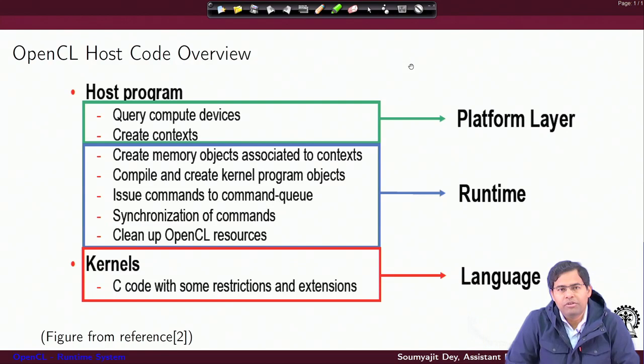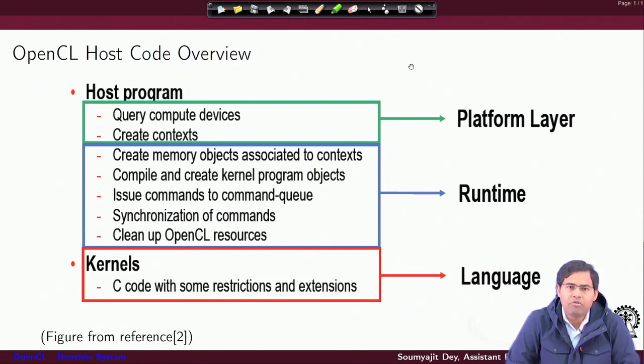So, these are essentially queries going to the platform layer to let know what are the compute devices available in a system. And again, I would say that this is the way you are going to write a generic code. Of course, if you are going to write a simple OpenCL code which is specific to some device, your code can be much simpler.